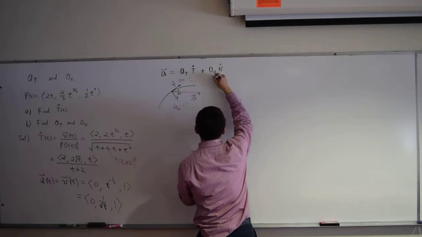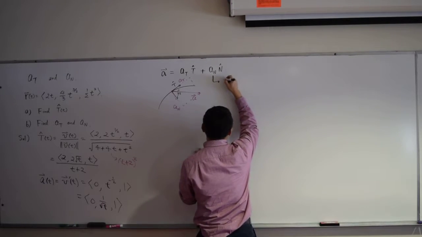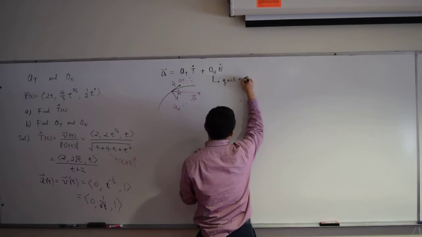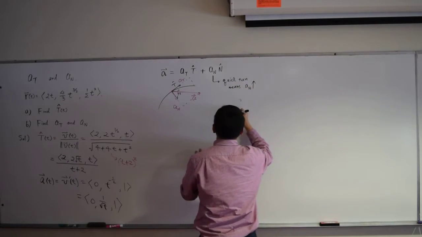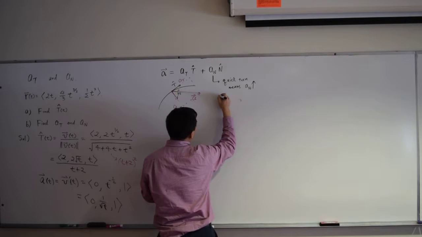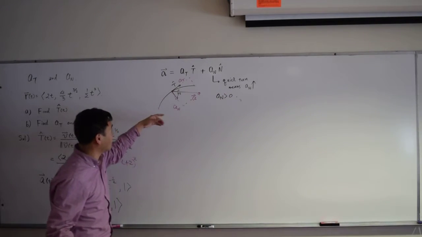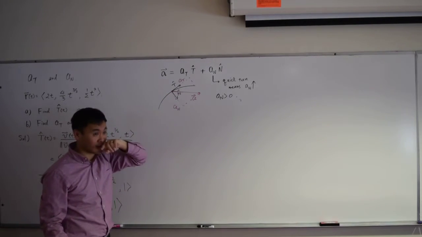I want you to think about the meaning of AN. Right? Quick turn means AN is big, okay? And also that AN is always positive because it's always the direction of N, it's bending.